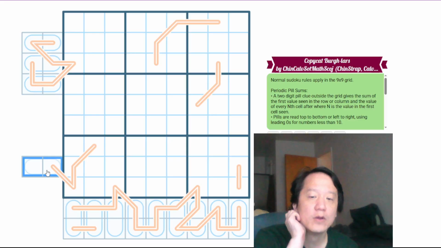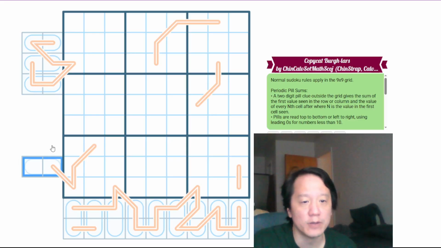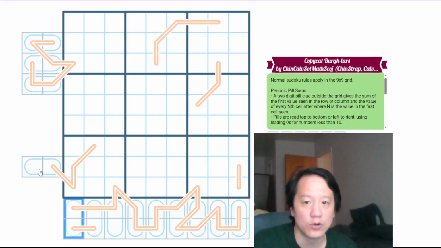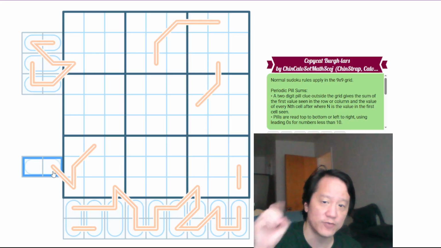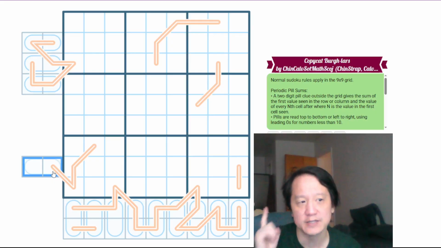Pills are read from top to bottom or left to right using leading zeros for numbers less than 10.